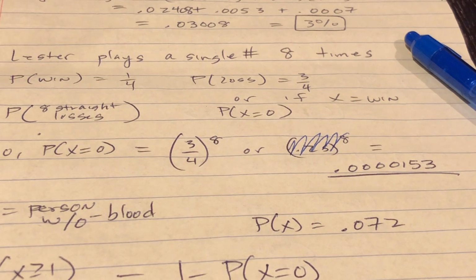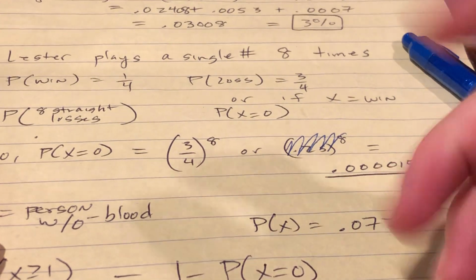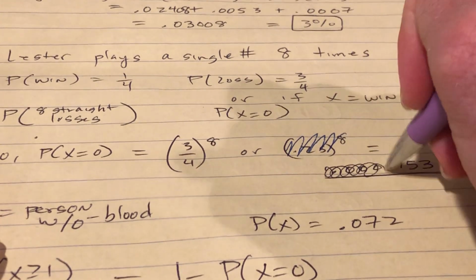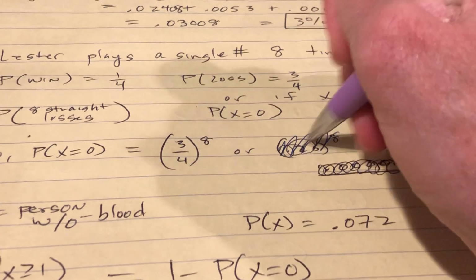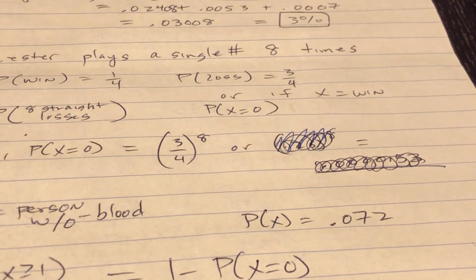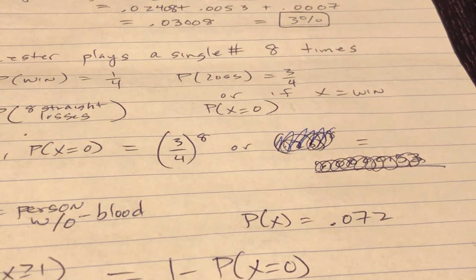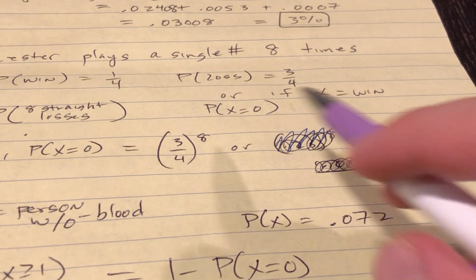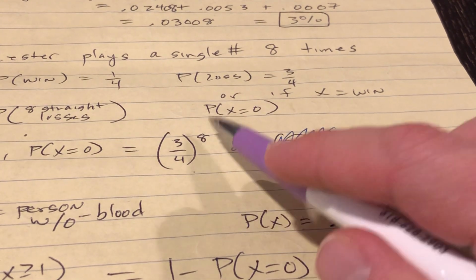0.75 raised to the 8th. The probability that you lose 8 straight times is the probability of losing raised to the 8th.